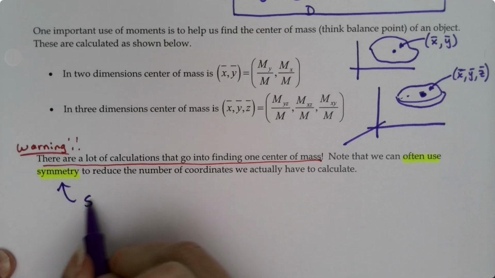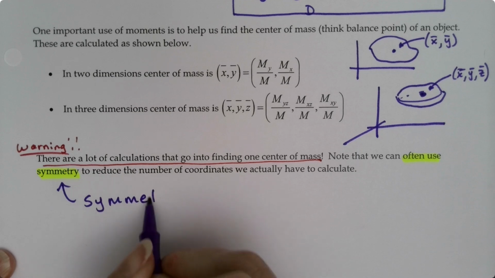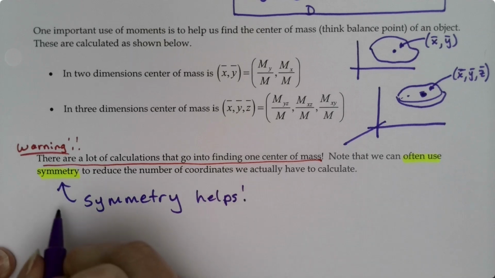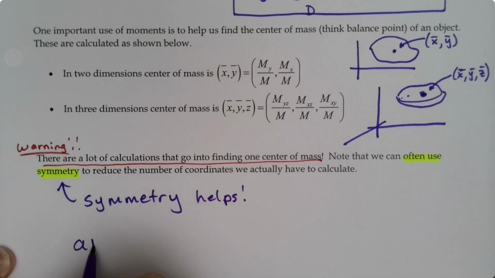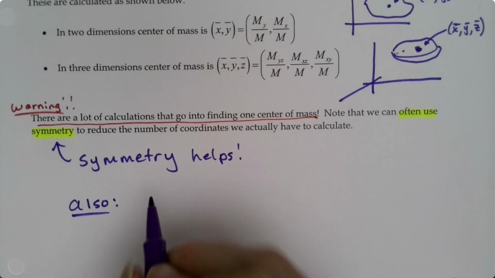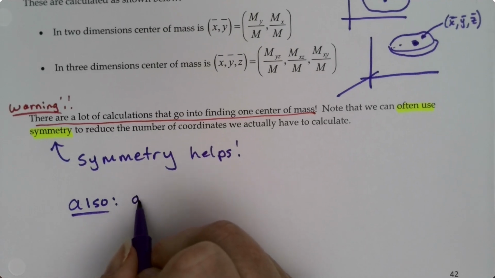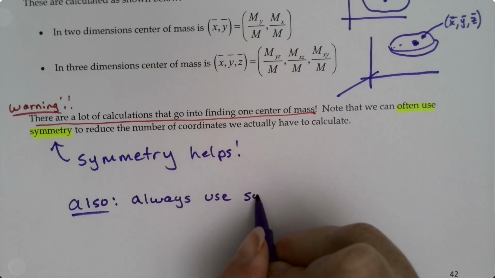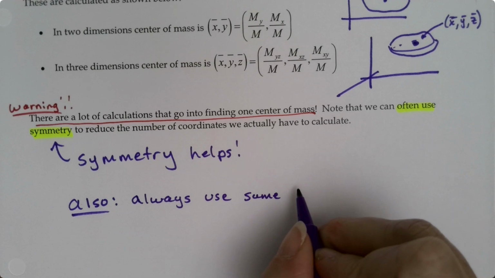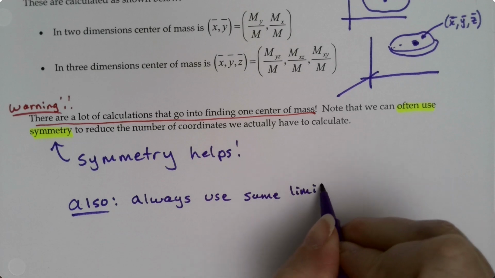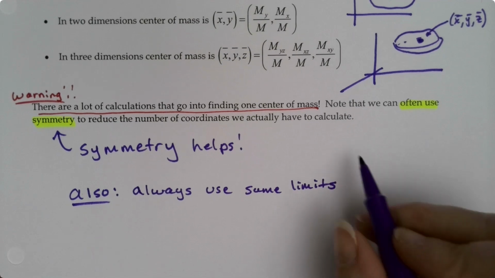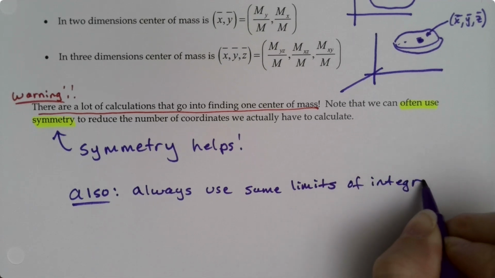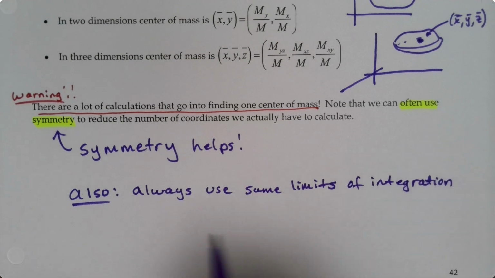Also, make sure that you always use the same limits of integration for all the integrals. That'll mean something to you in the next video when I show you an example. But this video is getting too long, so I don't want to put it in here.